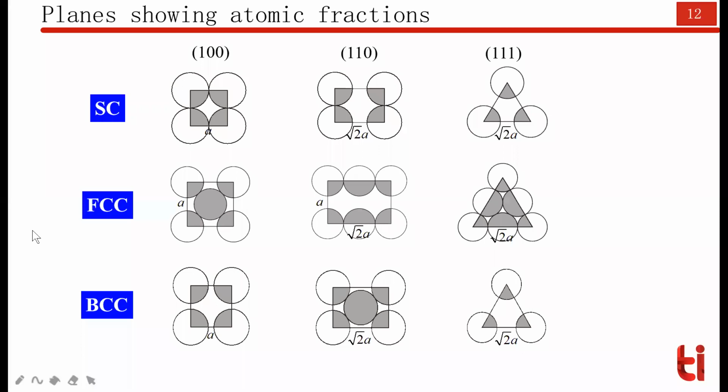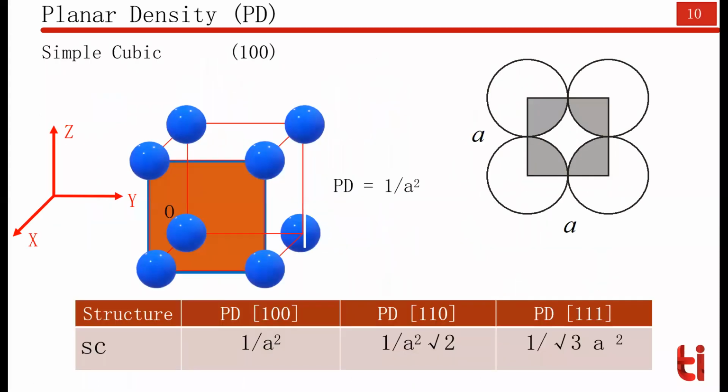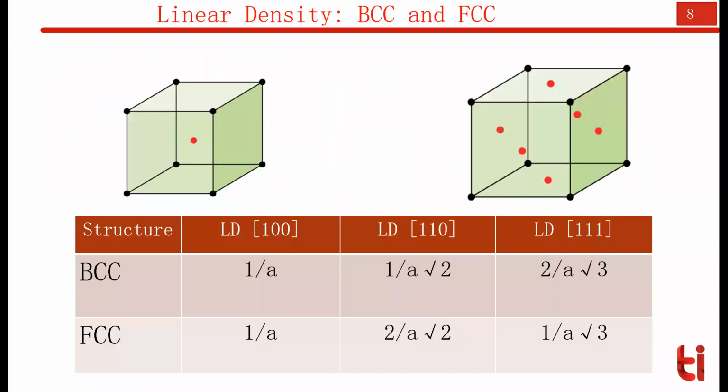If I have a BCC unit cell, let me show the BCC unit cell. Here it is. Let us show the 110 plane here in the BCC unit cell. So your 110 is x equal to 1 here, y equal to 1 here, and your plane is like this.